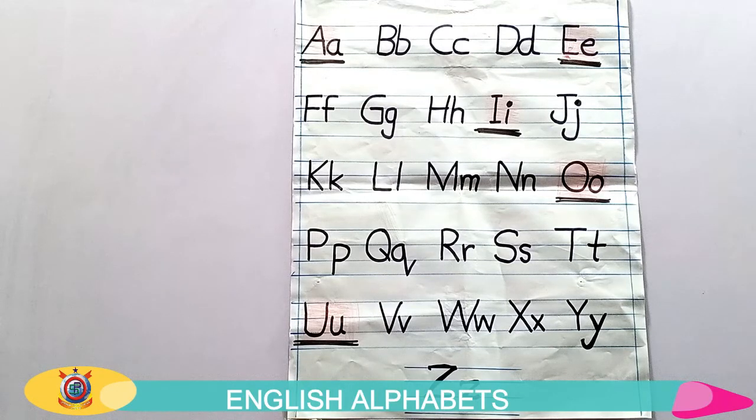First we will read the alphabets. A, B, C, D, E, F, G, H, I, J, K, L, M, N, O, P, Q, R, S, T, U, V, W, X, Y, Z. Very nice. Good job.